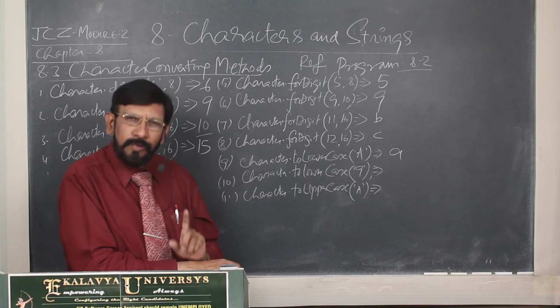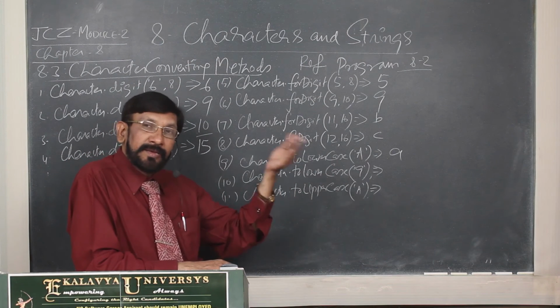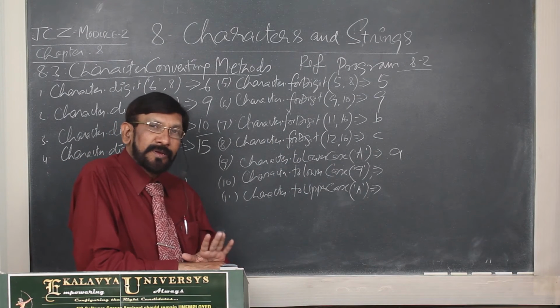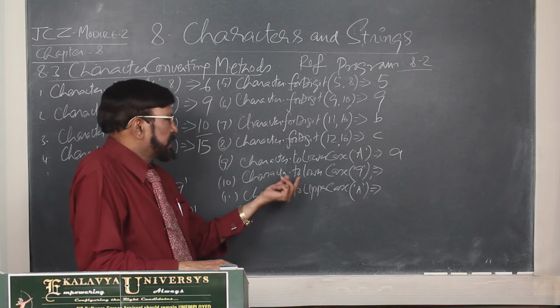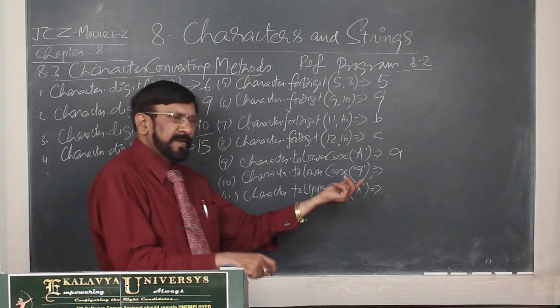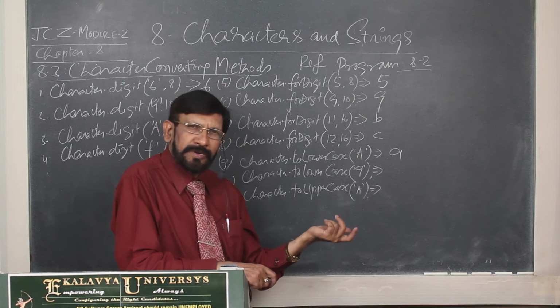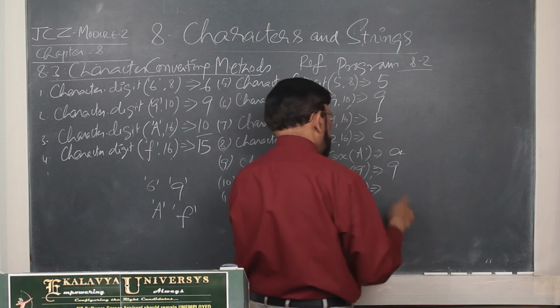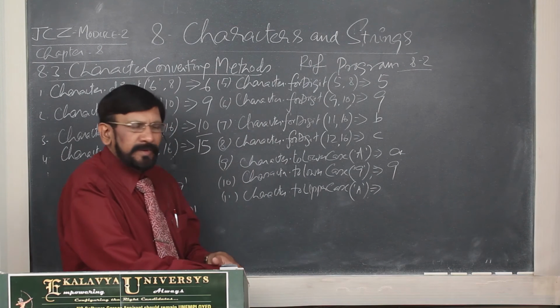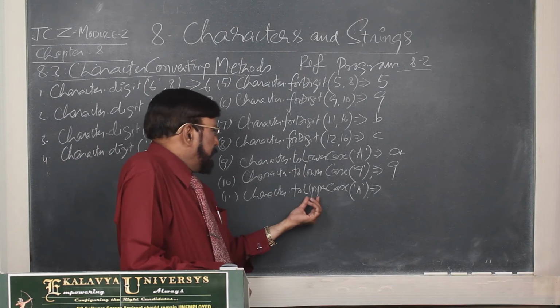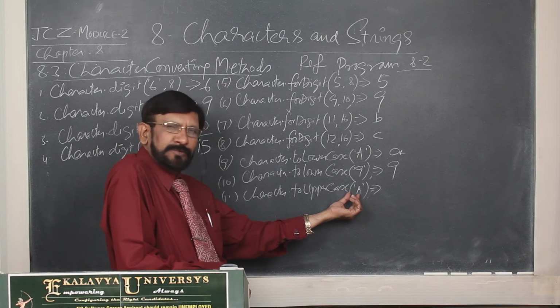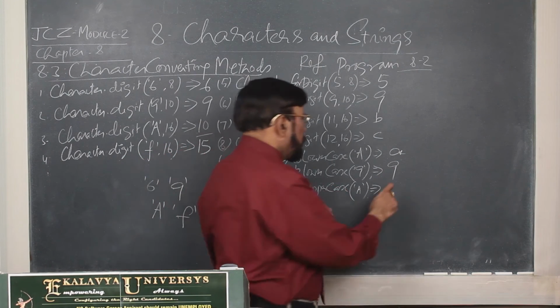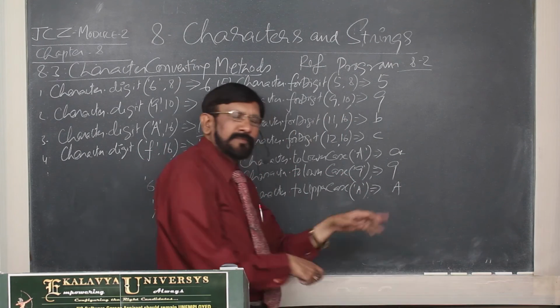If you give lowercase for this or any inappropriate thing also, no error will come, the same value is returned. You see next one, 9 is very inappropriate for lowercase, then no error will come, only 9 is represented, and 2 upper, here uppercase only is there, so no conversion is required, but no error will come, A is given.